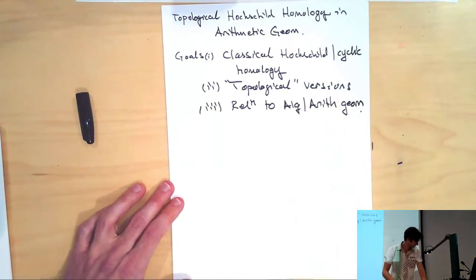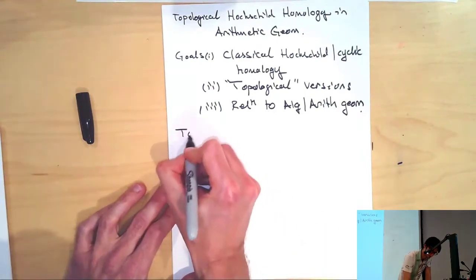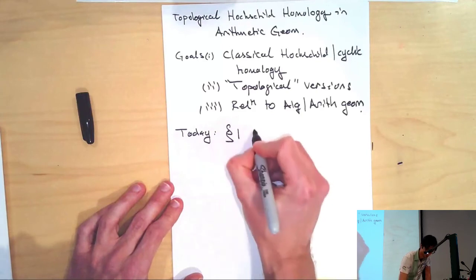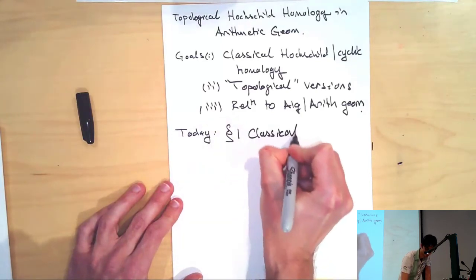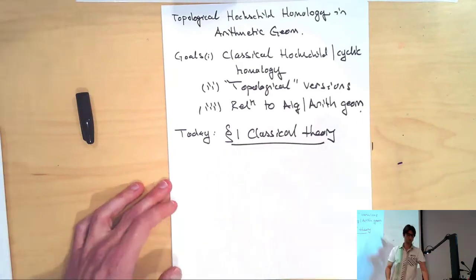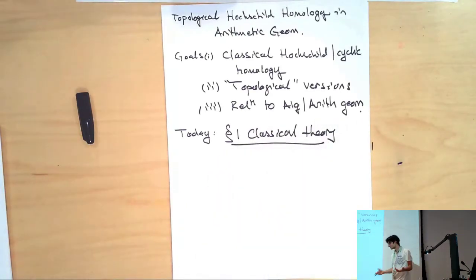Okay. So today I'm going to jump straight in without any real introduction and tell you about the very classical theory. So this really requires nothing more than a first course in homological algebra, to be honest.